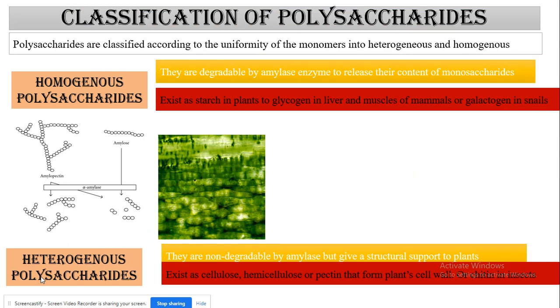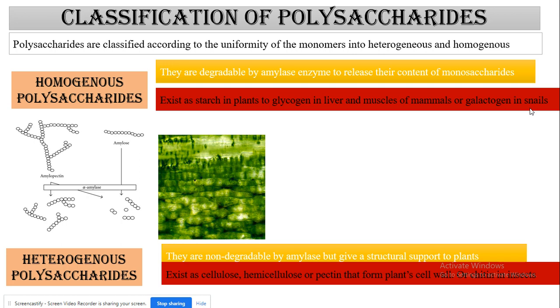The examples we have are starch that is found in plants, glycogen in the liver and muscles of mammals, and glycogen in animals.